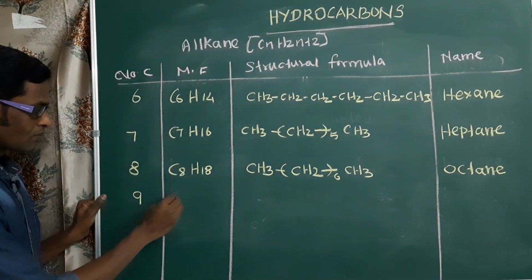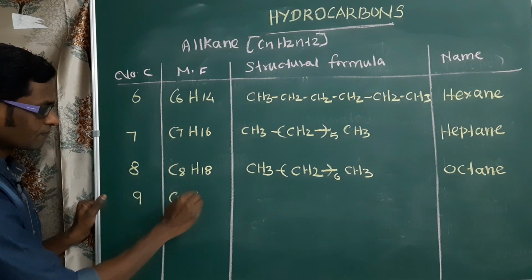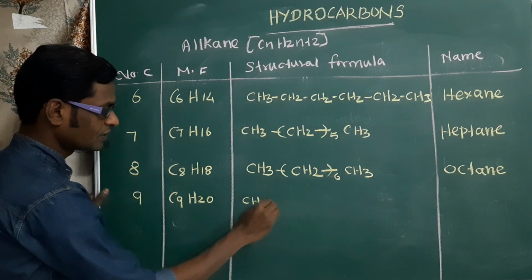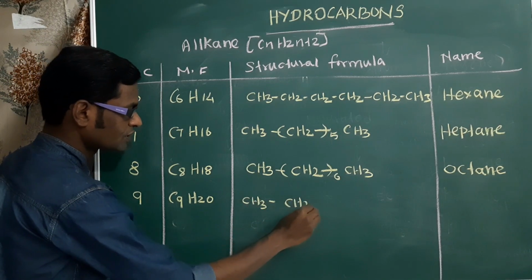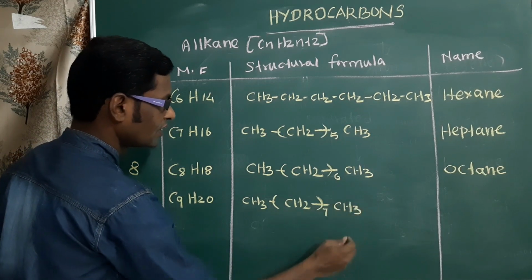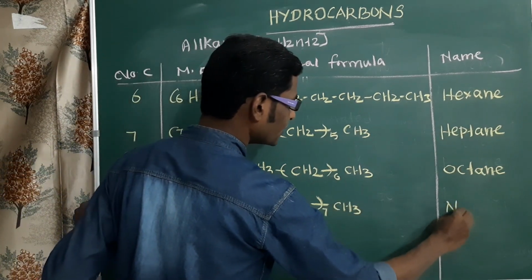Carbon number 9, molecular formula C9H20. Structural formula CH3, CH2 7 times, CH3. Name of the compound nonane.